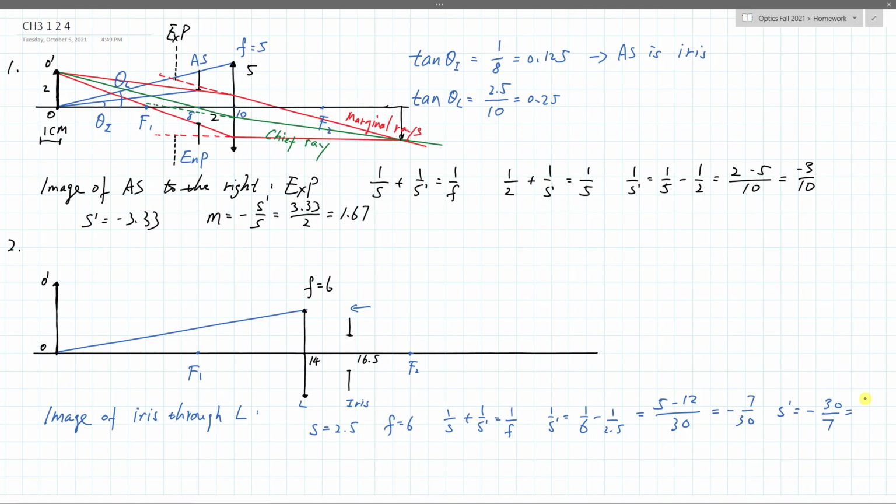So let me get Python for all the calculations. 30 over 7 is 4.29.